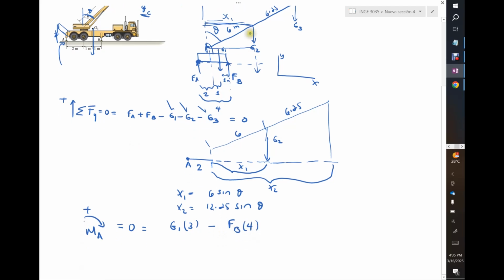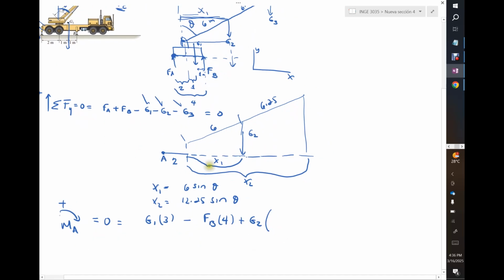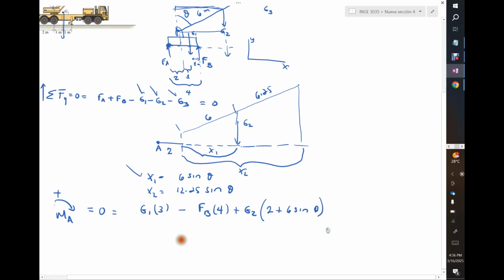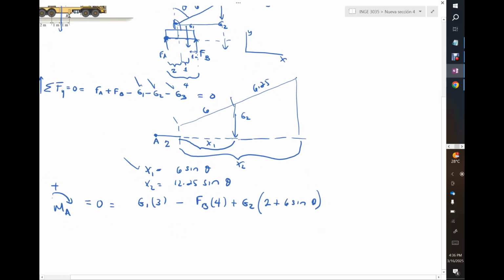And now we have to deal with G2, which is going in the positive direction. Now here is going to be the problem: what is the arm of G2? Well, the arm will be this distance, which we know is x1, plus whatever distance from here to here, and that's 2. So I have 2 plus 6 sine of theta. That will do. How about G3?